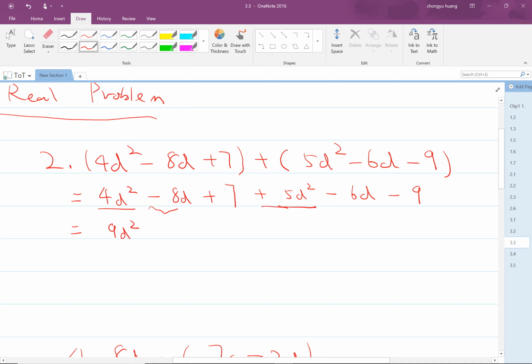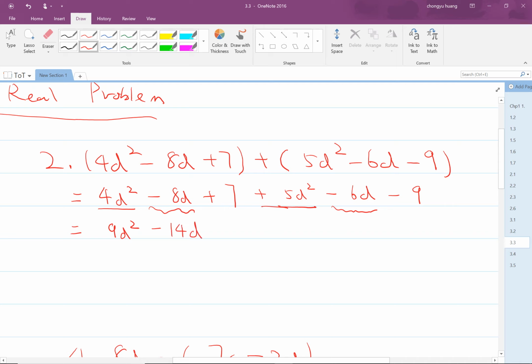Then we have negative 8d and another negative 6d, so negative 8d minus 6d is negative 14d.